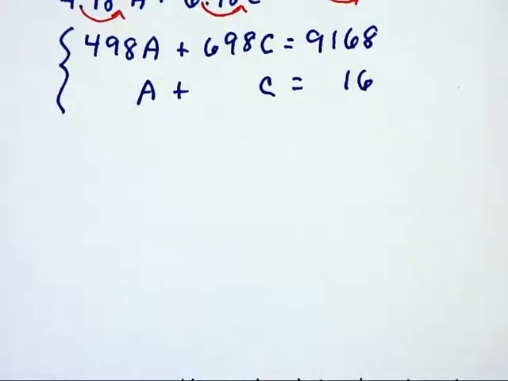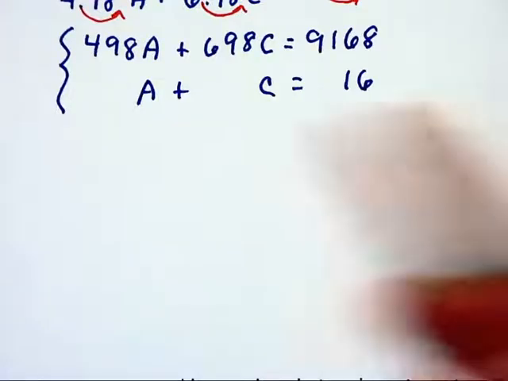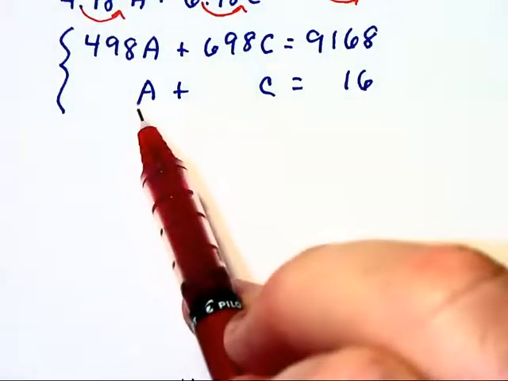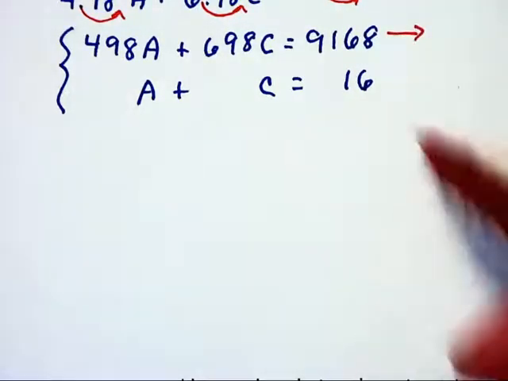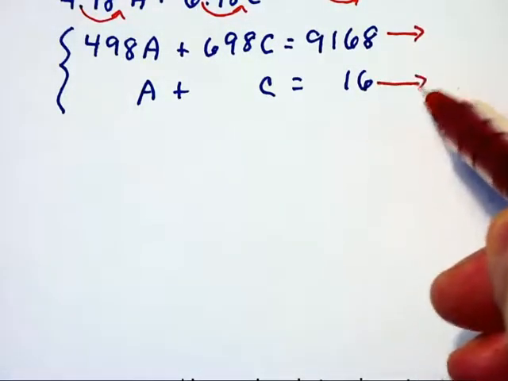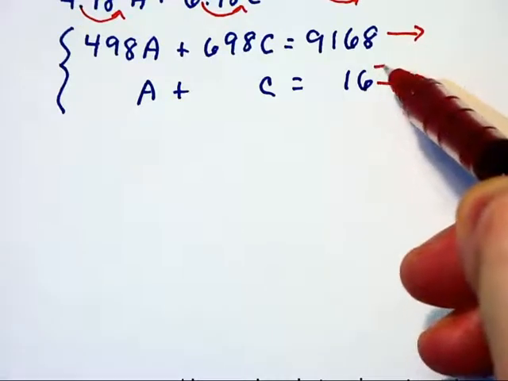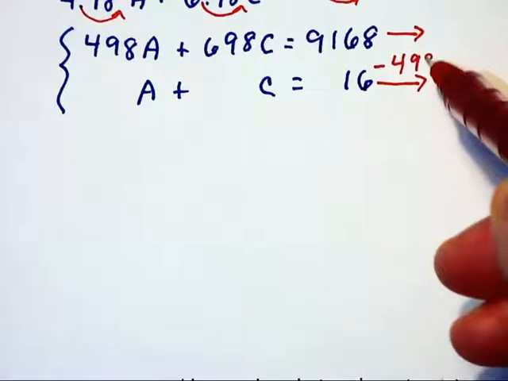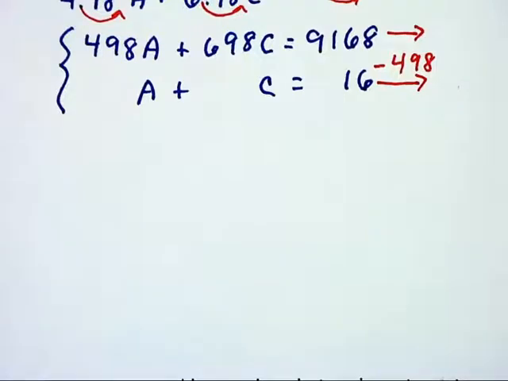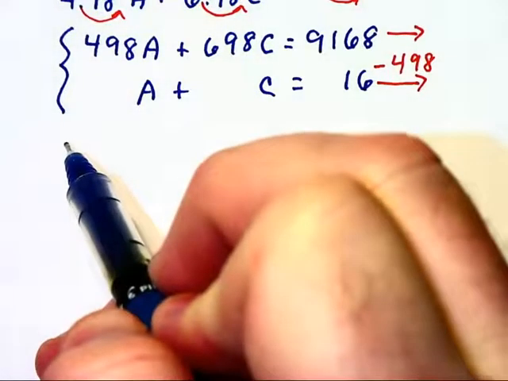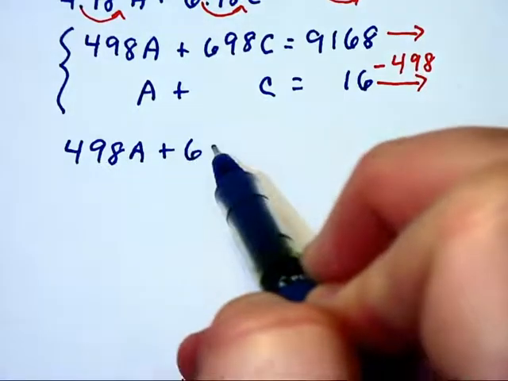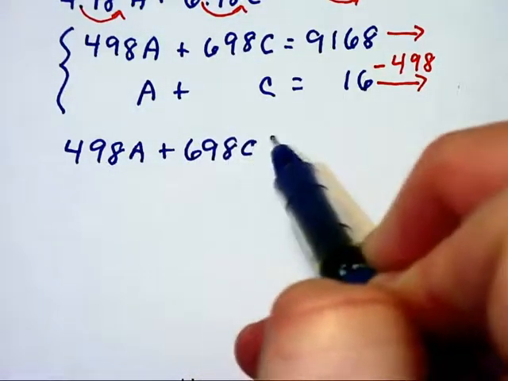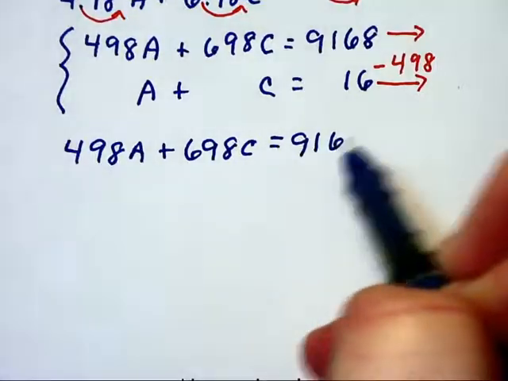We will be using a method called elimination. We're going to want to cancel out one of these variables. So I'm going to choose to keep the top equation as it is, but multiply that second equation through by negative 498. Let's see what that does. The top equation is going to stay 498a plus 698c is equal to 9,168.